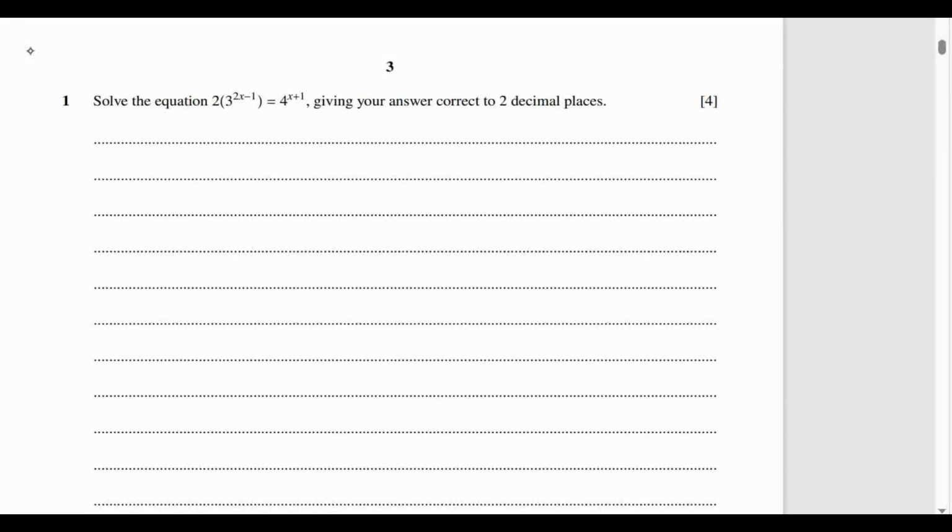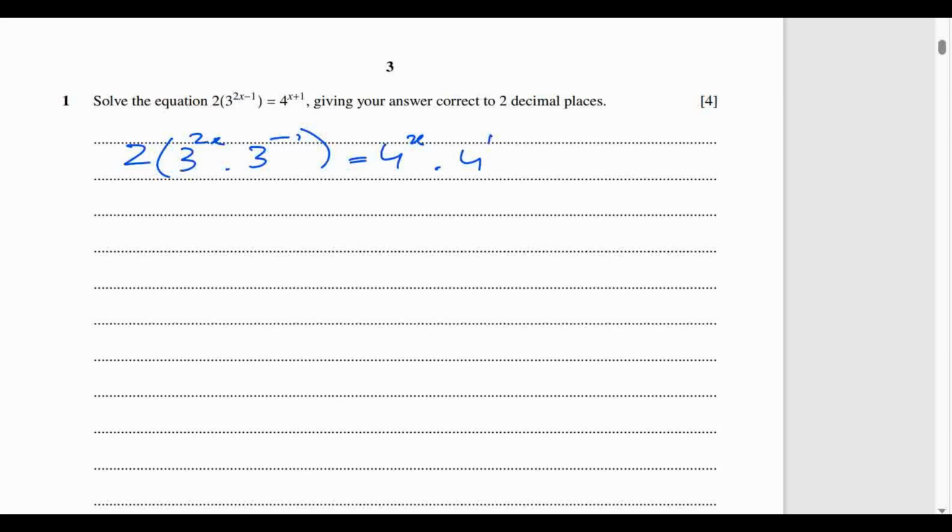Question number 1. Solve the equation, giving your answer correct to 2 decimal places. The very first step is that we can use the indices. 2 into 3 power 2x into 3 power minus 1 is equal to 4 power x into 4 power 1.